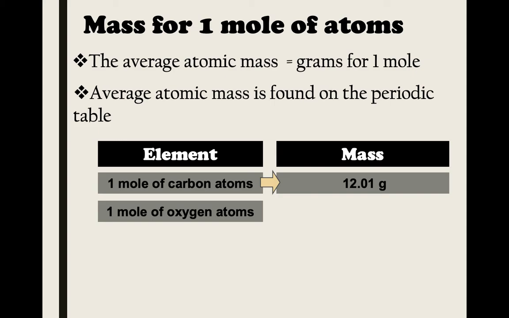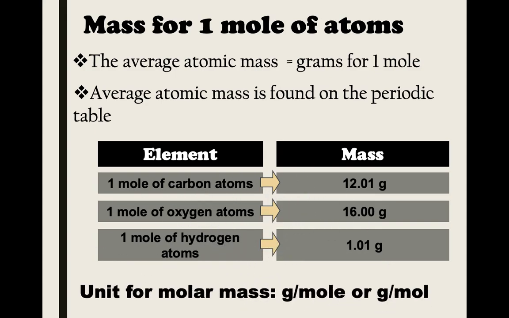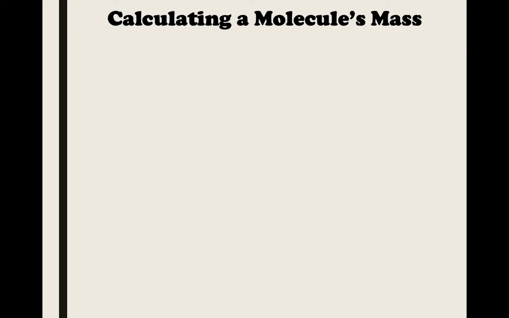How much would 1 mole weigh? 16 grams. Hydrogen, 1.01, and so on and so forth. The unit for molar mass is grams per mole. If the molar mass is the mass of 1 mole, then the unit should hopefully make sense. It's the number of grams per 1 mole.